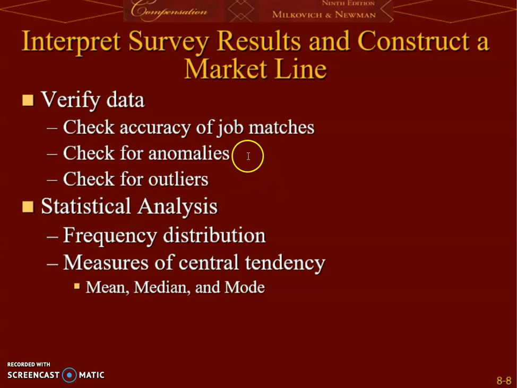I also need to check for anomalies and outliers. These two things kind of go together. For example, if I called 4 organizations and they said that the base pay or base salary for a senior accountant was $80,000, $85,000, $90,000, and $75,000 respectively, the 5th organization I called, they might say it's $35,000.